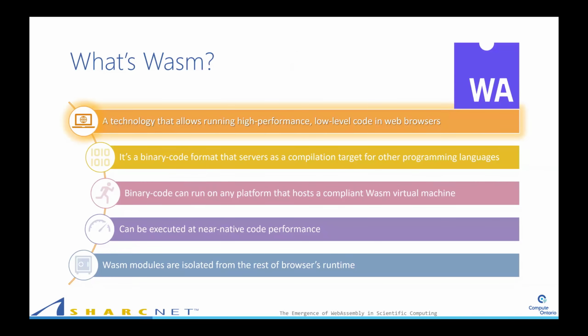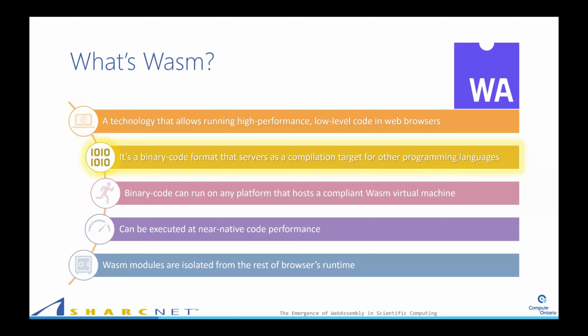Wasm is an emerging technology that allows developers to run high-performance, low-level code in web browsers or standalone virtual machines. Under the hood, it is nothing more than a binary code format that serves as a compilation target for other programming languages like C++ and Rust.